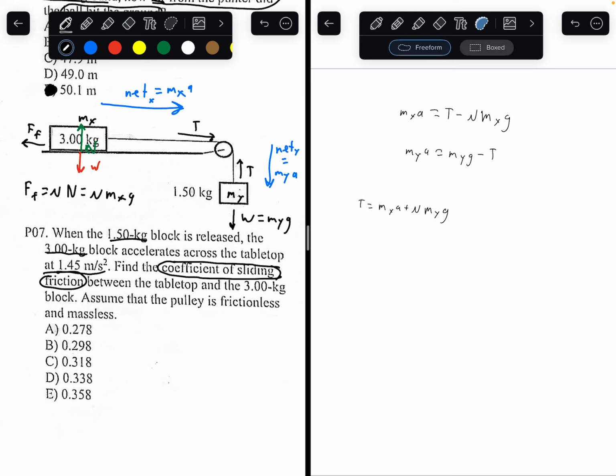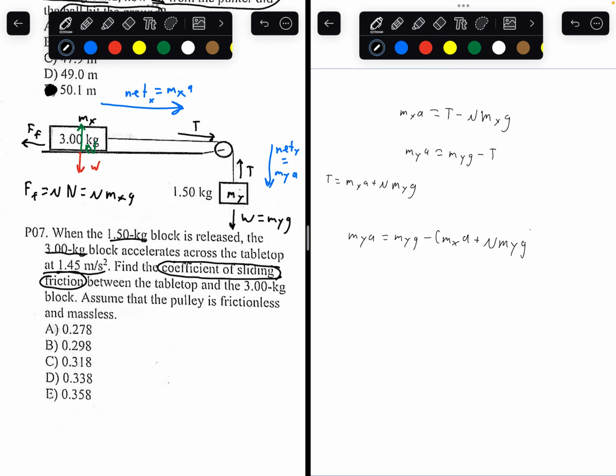So now you would get mass of y times a equals mass of y times g minus the substituted value of T: mass of x times a plus the coefficient of friction times mass of x times g.